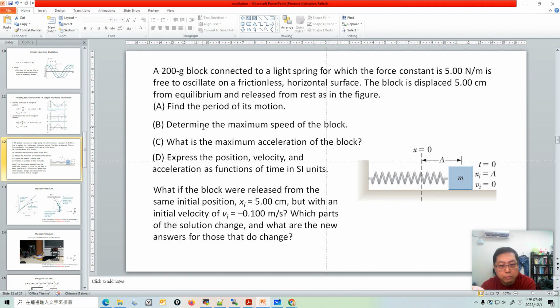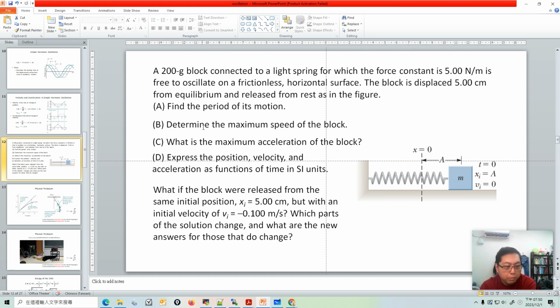That means the initial velocity is 0. We need to find the period, the maximum speed, the maximum acceleration, and express the position, velocity, and acceleration as functions of time in SI units.